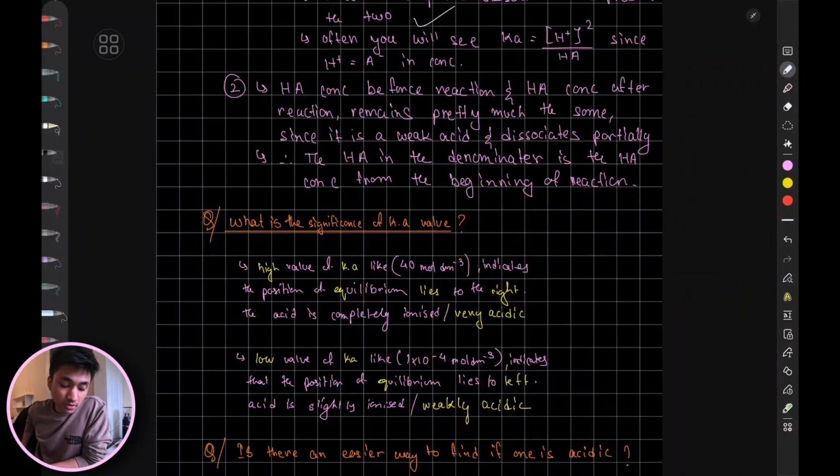So essentially what we are taking as the concentration of the ethanoic acid is what there was in the beginning of the reaction. Since it doesn't really change, it's a valid assumption to make, because very little H plus is being produced by dissociation of the weak acid. That is why it's called a weak acid.